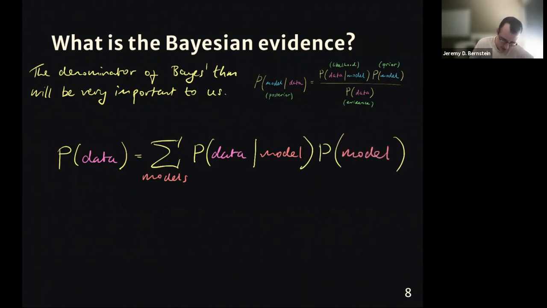This is the definition of what the evidence is. You sometimes call it the marginal likelihood because you marginalize, or sum, over all models in your model family.